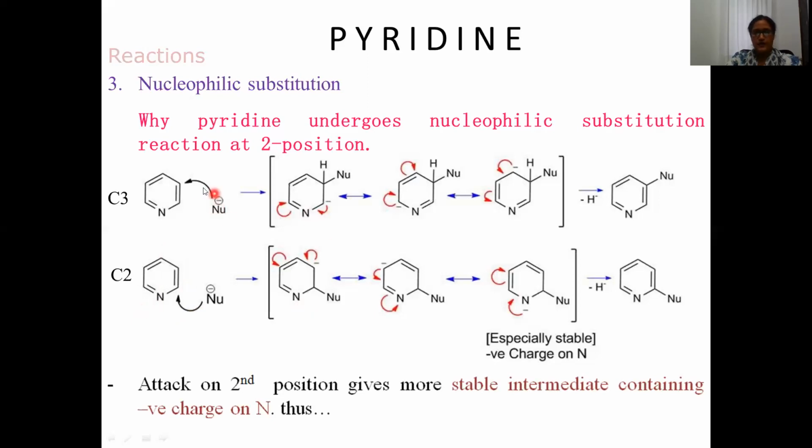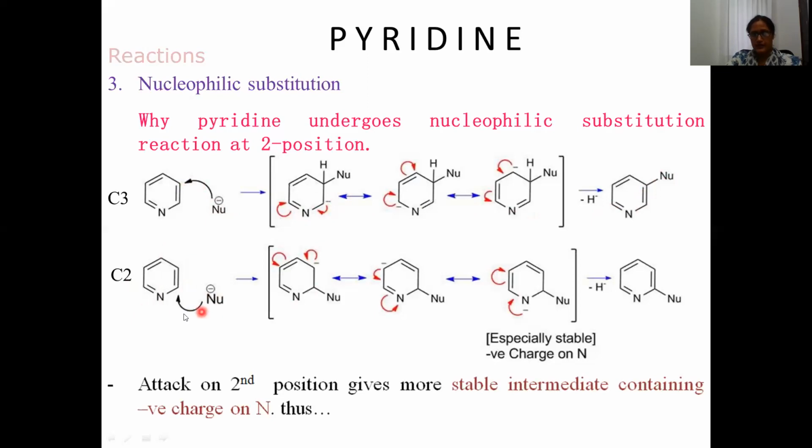If the nucleophile attacks at the C3 position, look here, the negative charge will move and form resonance intermediate structures, and will get substituted by the nucleophile.